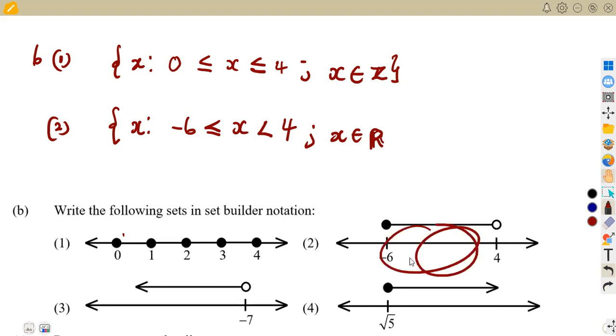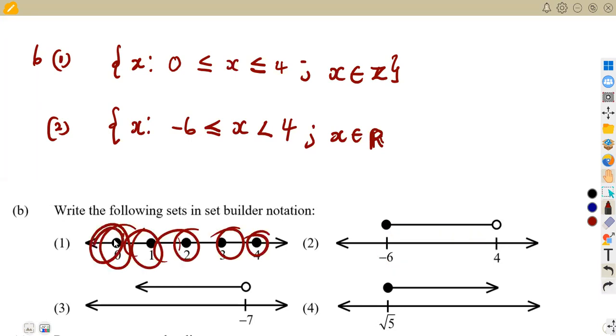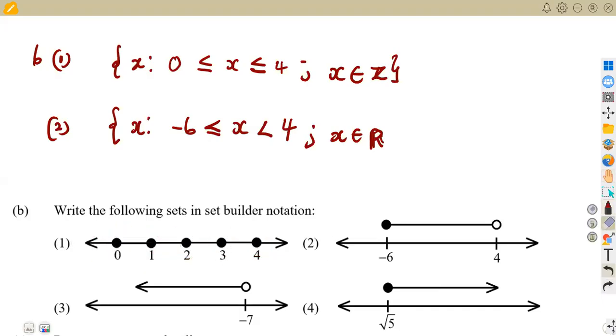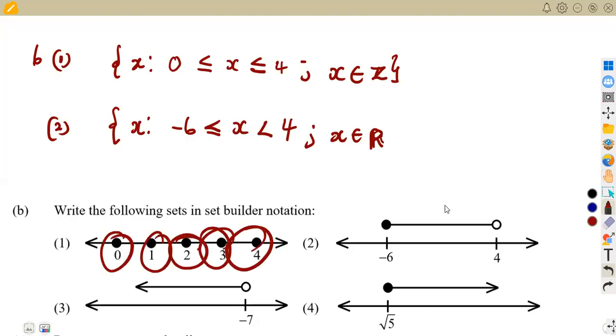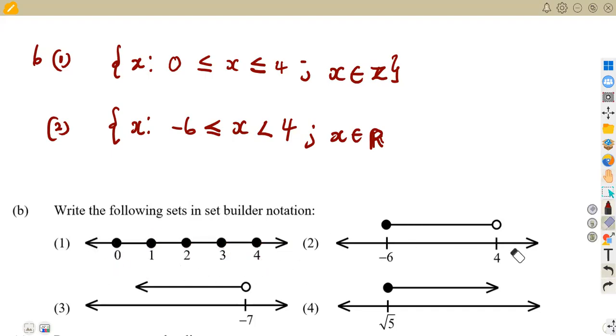That is why we are not indicating these on certain numbers. If we were indicating on certain numbers, it means they are integers. We are specifically taking only integers. That was the Z. But this one, they just say any number, as long as it's in between here, it can be taken. All right.